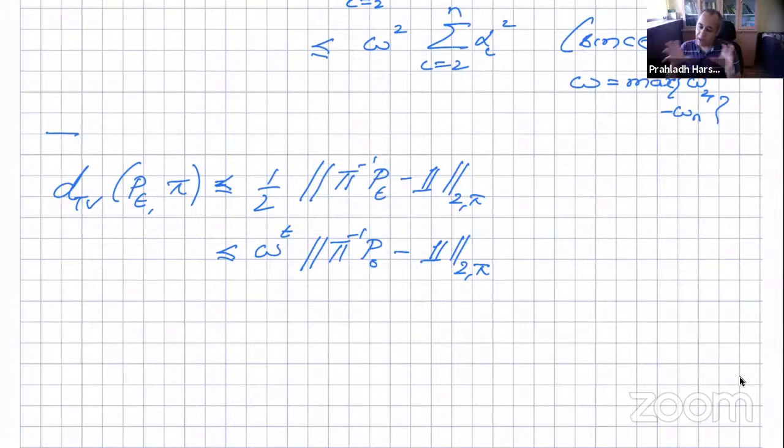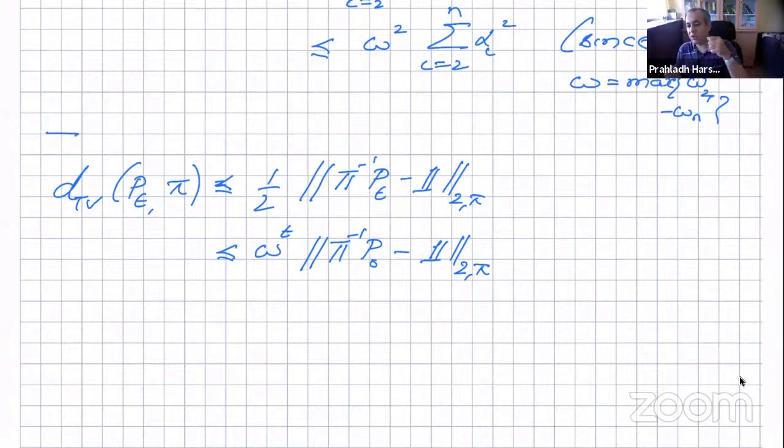Now notice, any other distribution is just a convex combination of these. I want to claim that this quantity can be at most as large as 1 over square root of pi min. Take the vertex on which the stationary distribution has the least probability; that's where 1 over pi will be the largest.